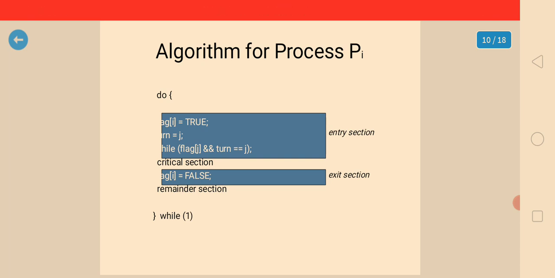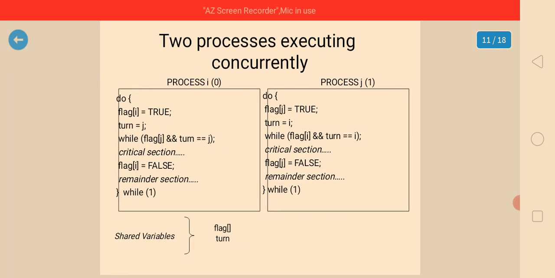After this initialization, it will allow the process to run in the critical section, then flag[i] equal to false, which means exit section with that flag value being changed, and then the remainder section, while true. So here two processes, process Pi and process Pj, are executing concurrently. This is the code with the shared variables flag and turn.